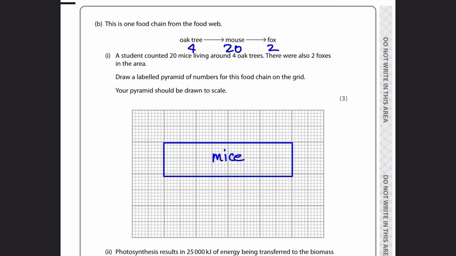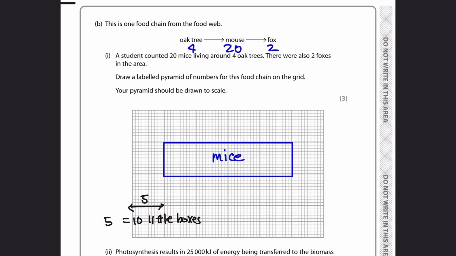So let's do a little key down here, right? This width here represents 5, because we just said that, right? 5, 10, 15, 20. So this is 5. The length is actually 10 little boxes. 10 little boxes is 5.